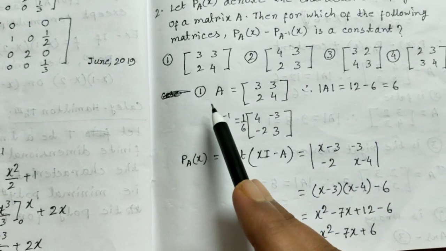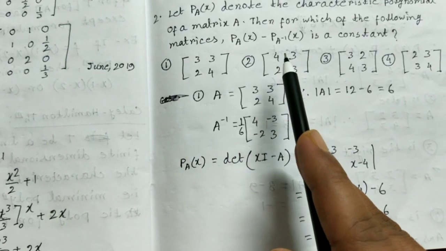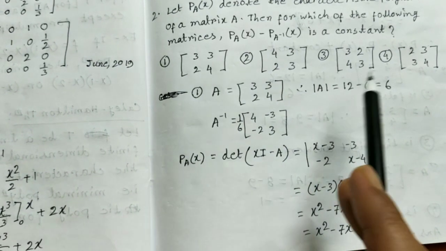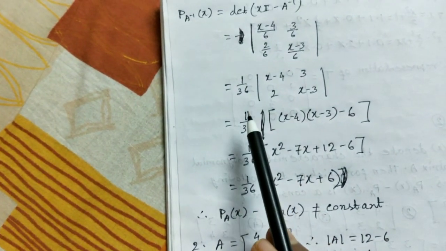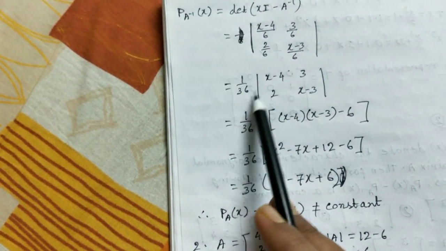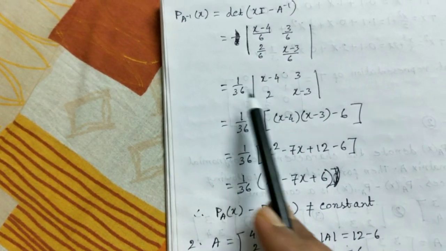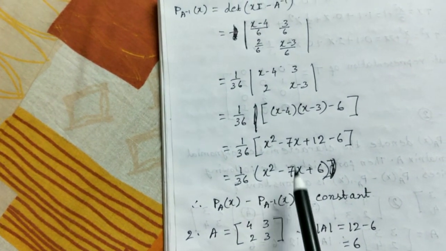Now in option 1, P of x minus P of A inverse x is not constant since the determinant of A is 6. So we get P of A inverse x as 1 by 36 into that polynomial. If the determinant was 1, then the coefficients of x square and x would be the same as in P of x.